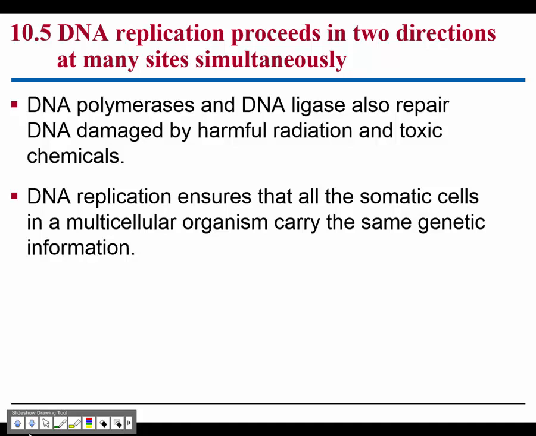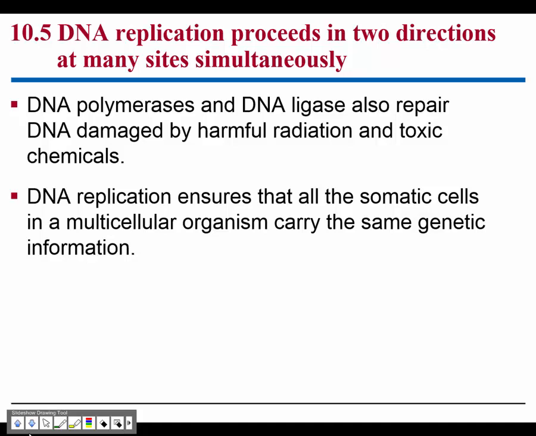So polymerase and ligase, when we're discussing DNA, of course, they can repair damage in DNA that's been damaged by radiation, toxic chemicals, and things like that. Of course, it's not perfect, and if there's a ton of damage, then it can't repair all of it.